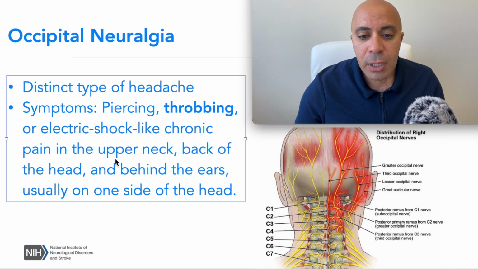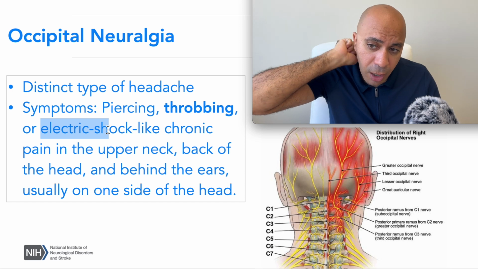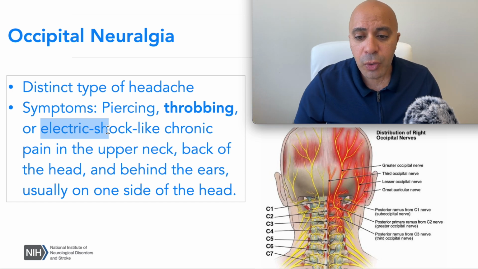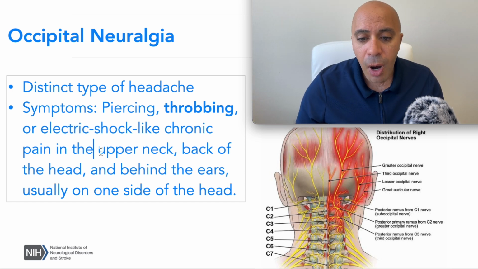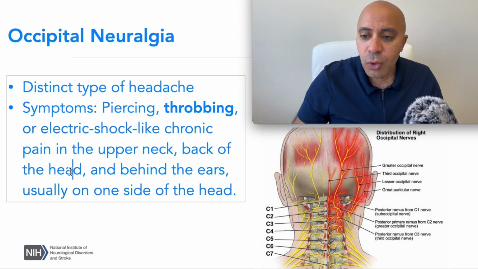Usually the symptoms are piercing, throbbing pain, and sometimes you could experience something like an electric shock shooting upward on your head. So the upper neck and the back of your head, and sometimes behind your ears, usually on one side.